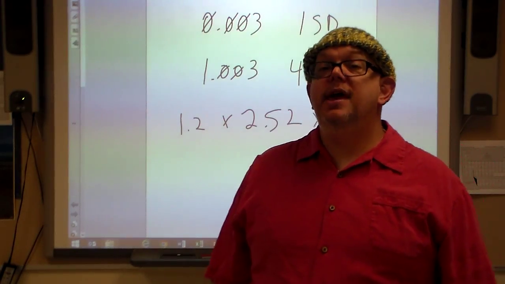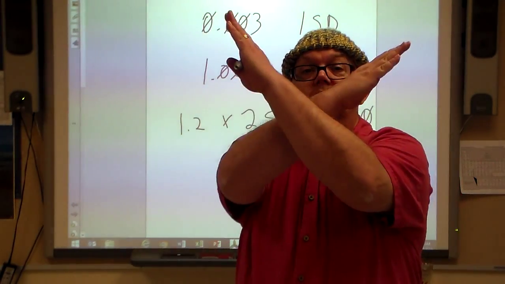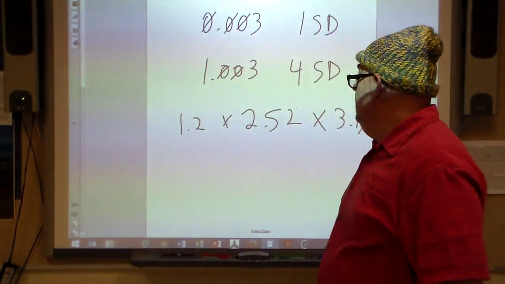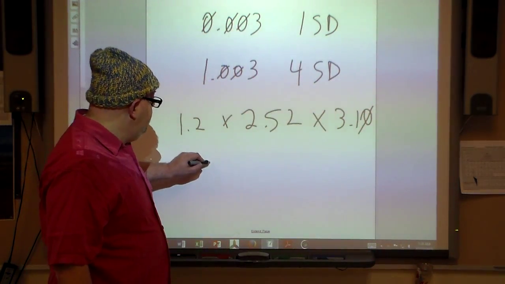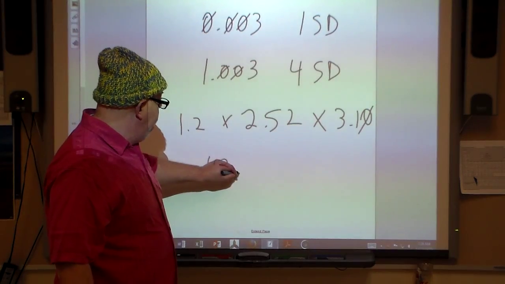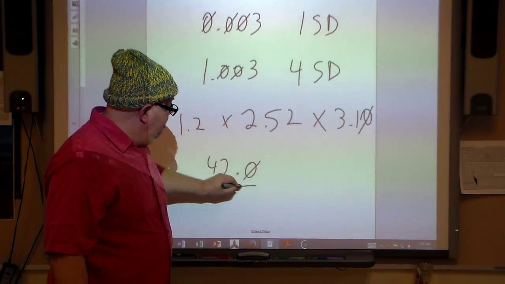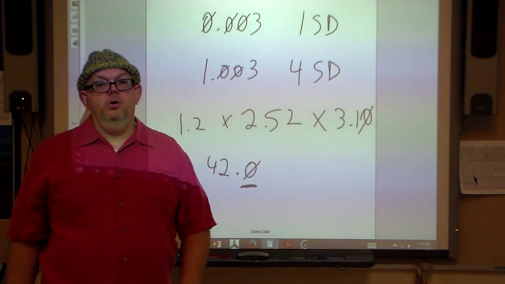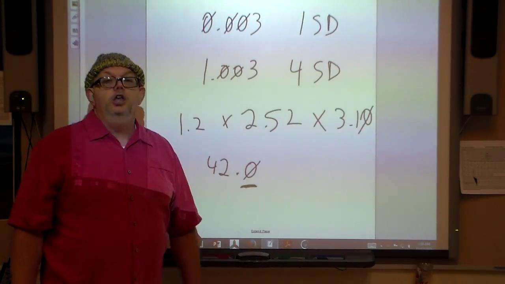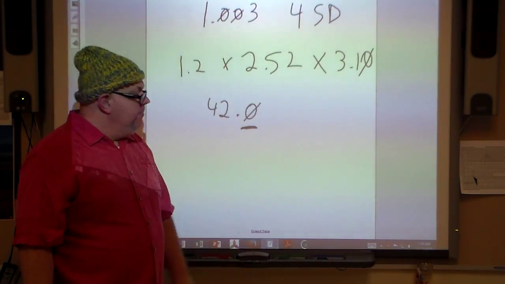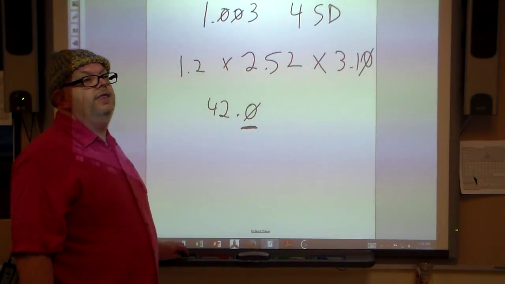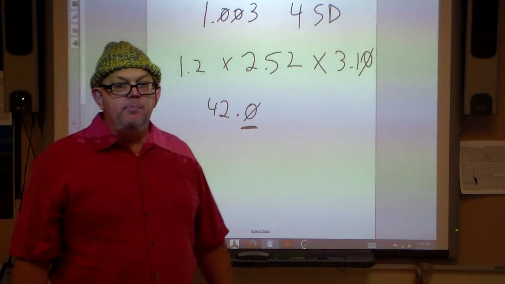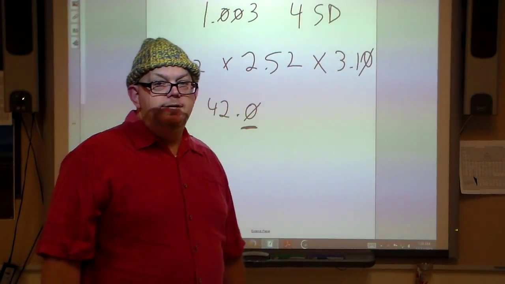It's how many decimal places when you multiply or divide. So my answer is going to be, let's say, 42.0. That is a significant digit. You need to do that. But what about when you're adding? Well, when you're adding, that's when you deal with the smallest number of significant digits.